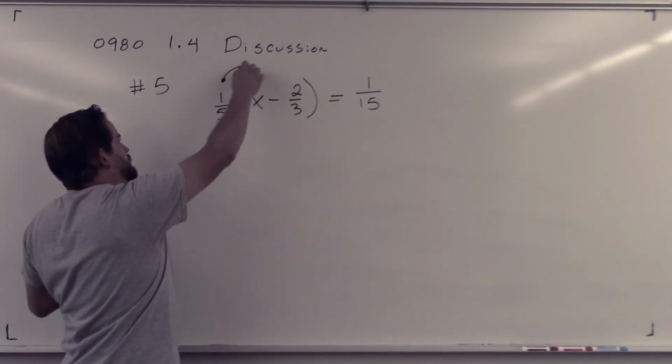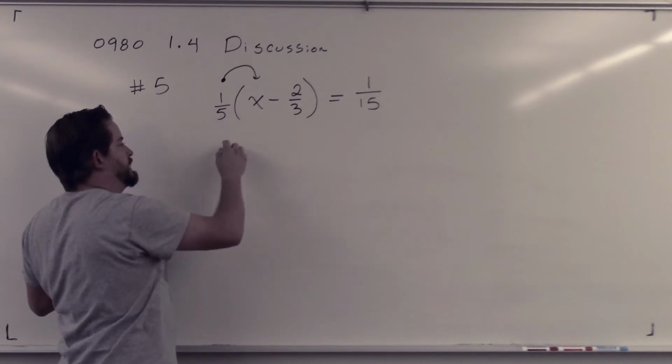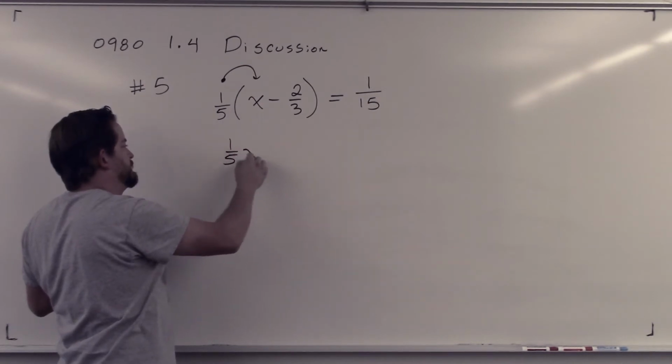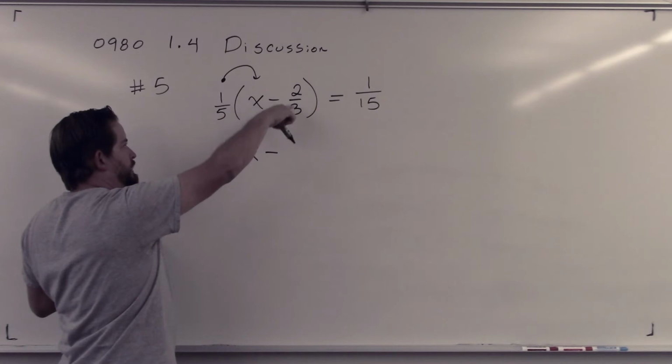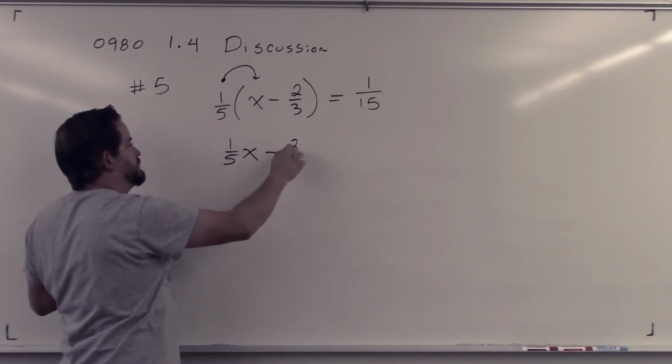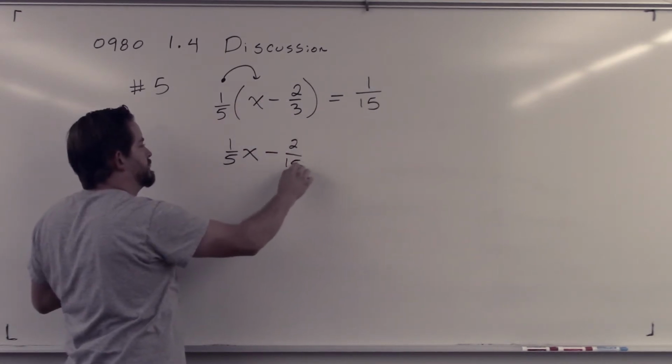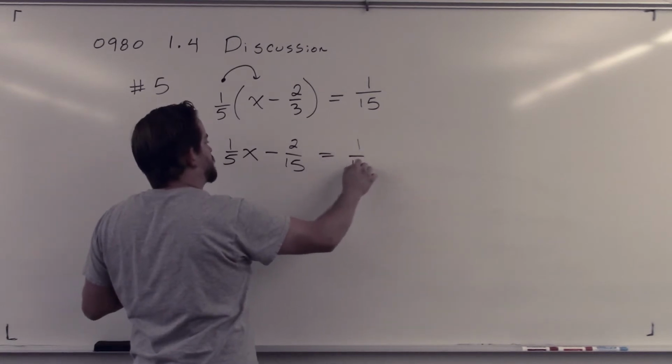I'll take this 1/5 and multiply it through. I have 1/5 times x, which is just 1/5 x. Multiplied by negative 2/3, I get negative 2 over 15, equals 1 over 15.